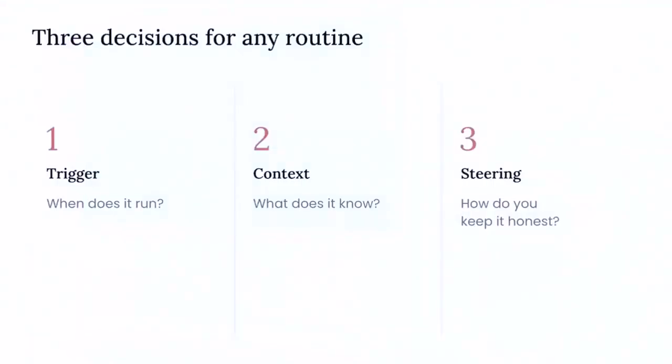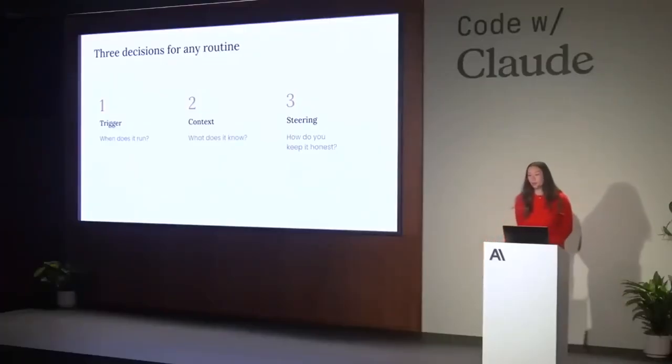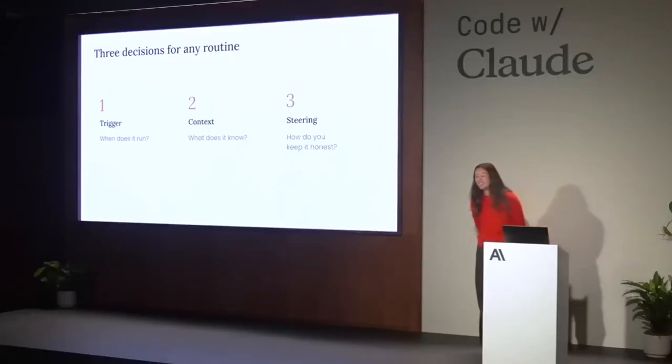But first, I want to walk through the 3 main decisions you'll need to make as you create any routine. The first decision is you'll need to figure out when your routine should trigger. What's actually the event, or is there a certain cadence that you want this to run? The second decision is what context or information does Claude need to have to be successful here?